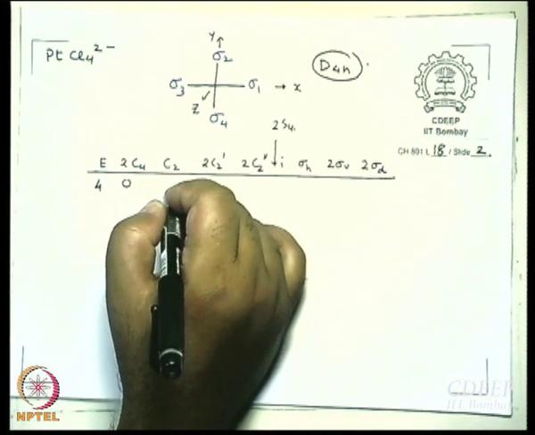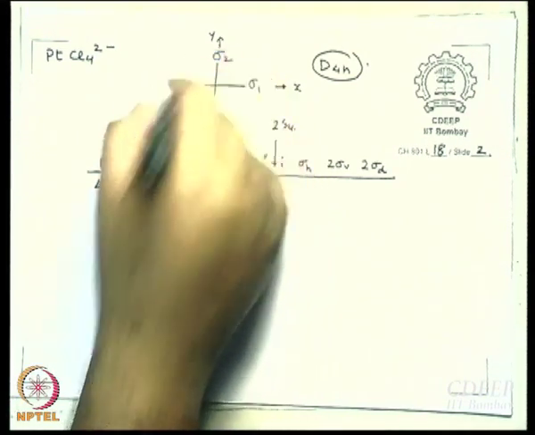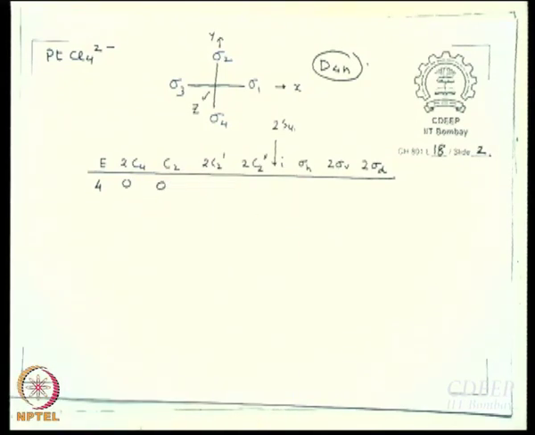C2, the same axis, Z axis, 0. C2 dash, which 2? Any 2 that are in the same line going through the central metal ion.